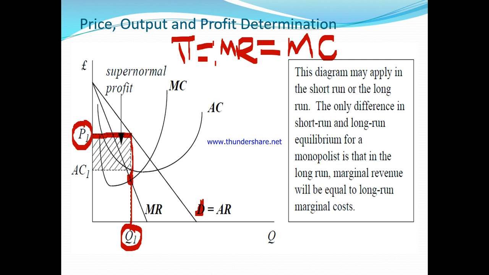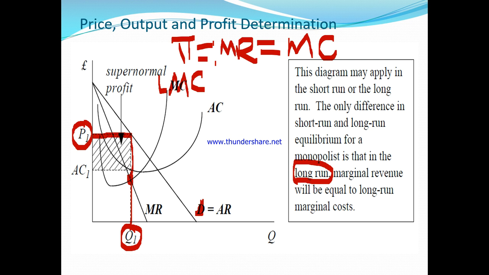The only difference between the short run and the long run equilibrium for a monopolist is that in the long run, marginal revenue will equal the long run marginal cost, which we call LMC, instead of the short run marginal cost. Everything else holds.